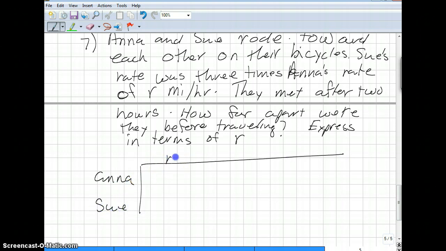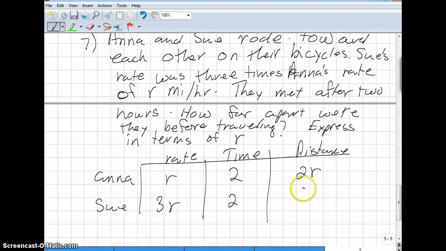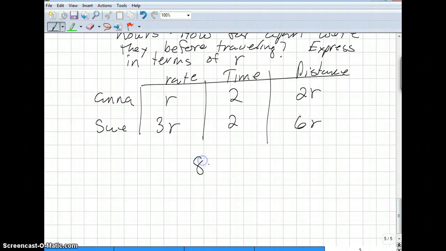All right, so we have Anna and we have Sue. We have the rate. Well, we know Anna is R and we know Sue is 3R. We have the time. They both traveled 2 hours. And we have the distance. Well, we said rate times time equals distance, so distance is 2R and 6R. And so they were 8R miles apart.